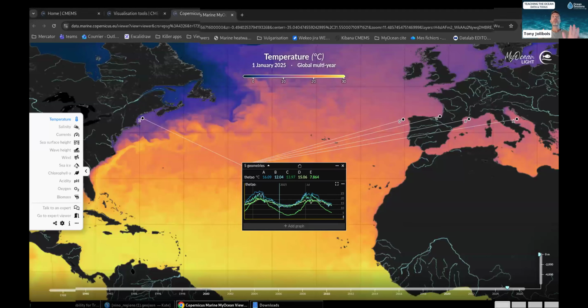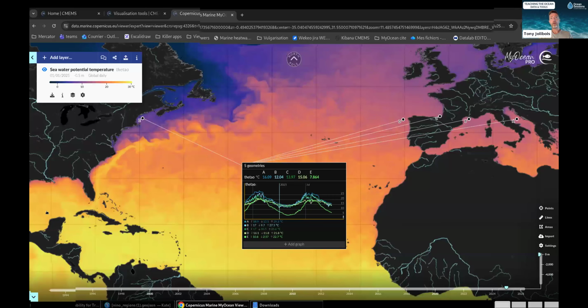So as you can see, this My Ocean Lite is quite easy to use and quite relevant for beginners and intermediate users. So if you want to go further, you can switch to the My Ocean Pro viewer. From here, you click on Go to Expert viewer here.